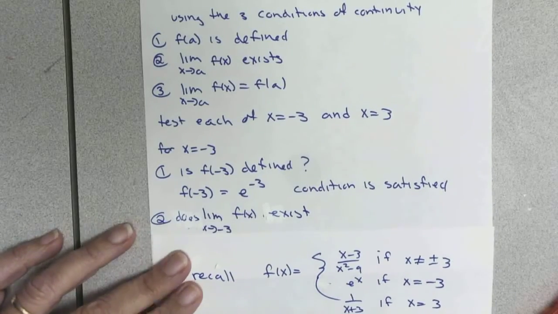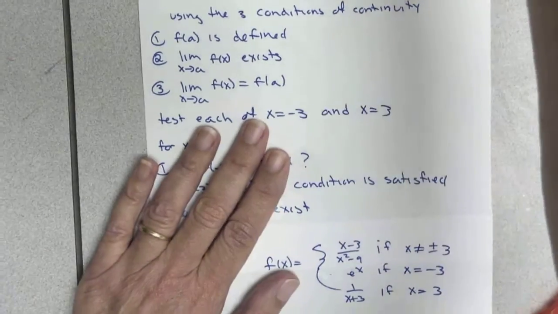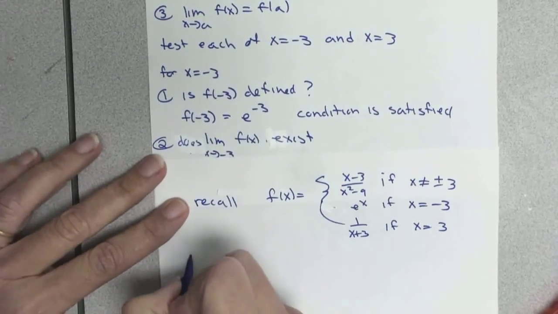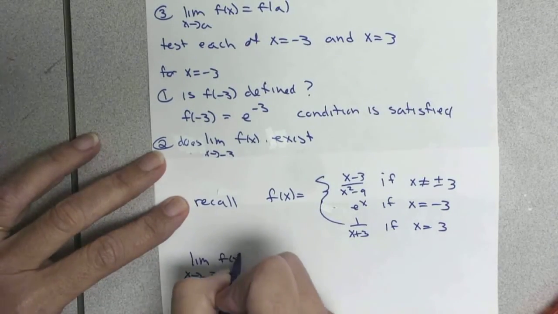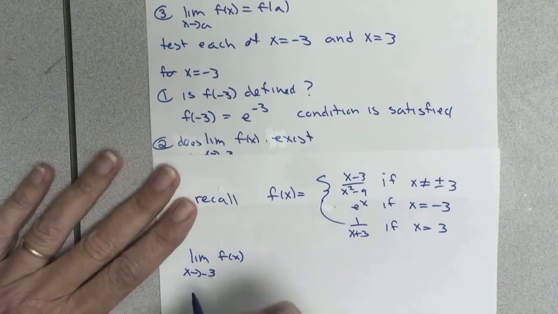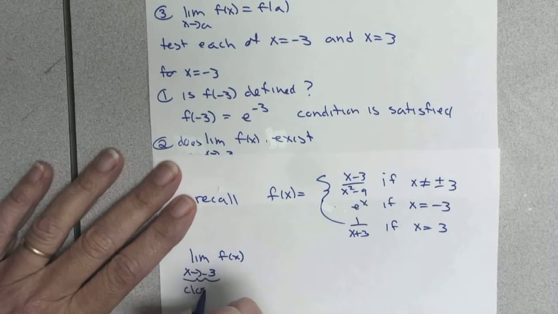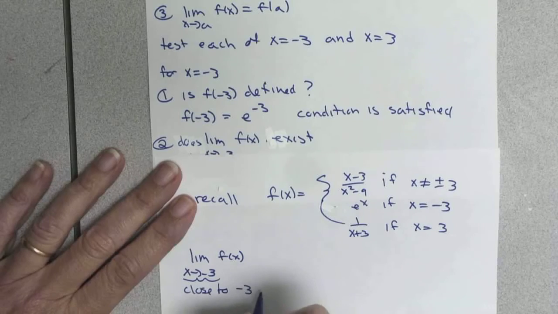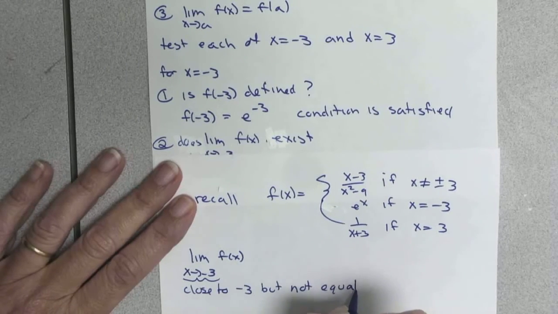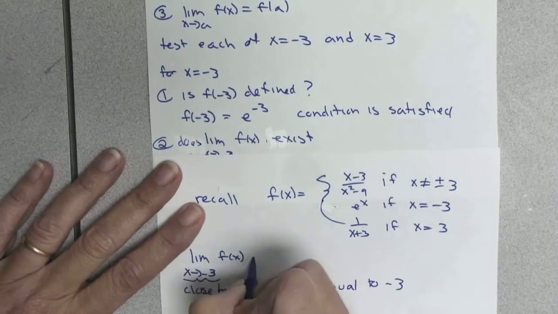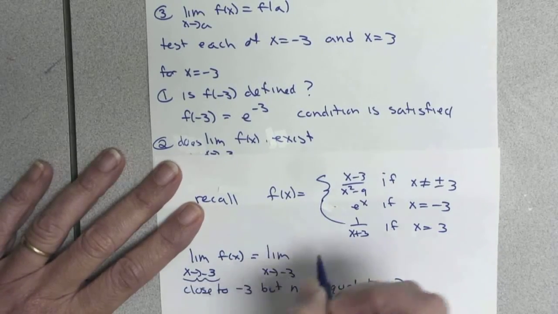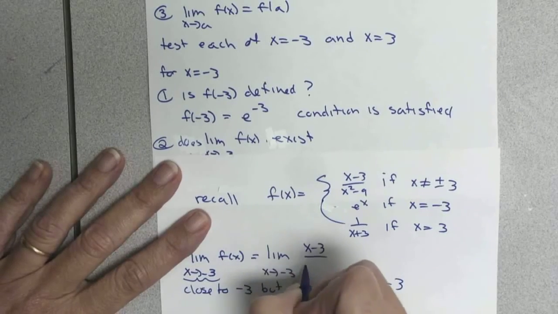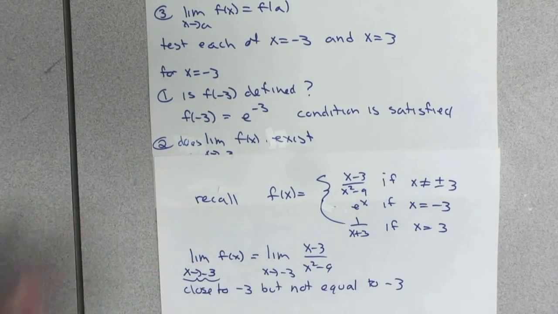So now when I do the limit as x approaches negative 3 of f of x, remember what this means: close to negative 3, but not equal to negative 3. So this becomes the limit as x approaches negative 3 of x minus 3 over x squared minus 9.